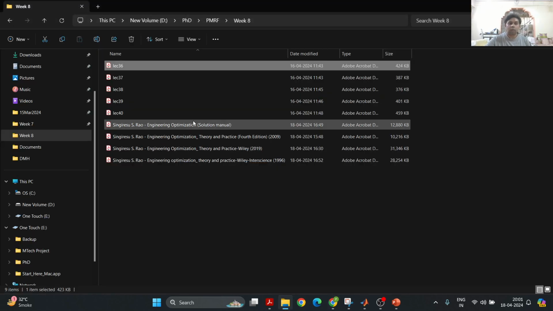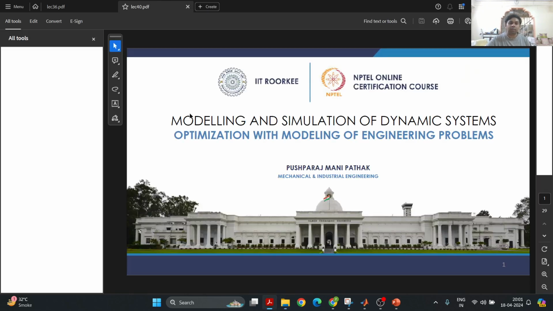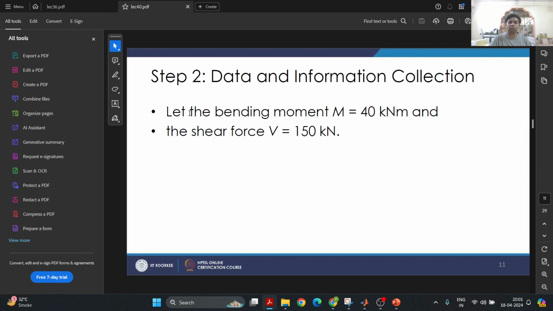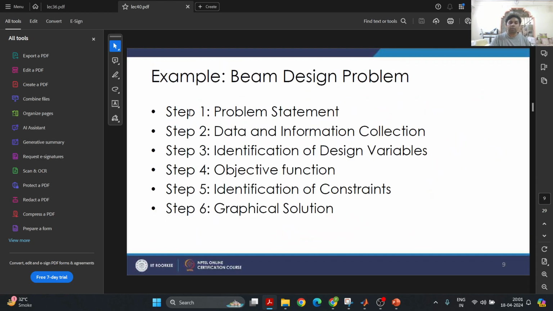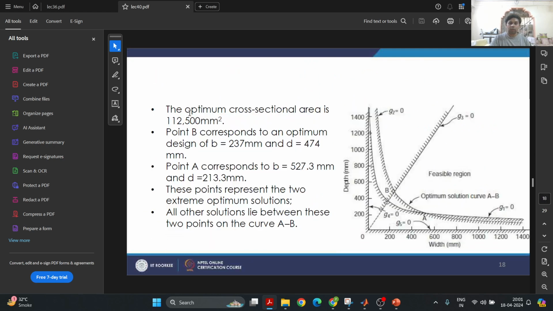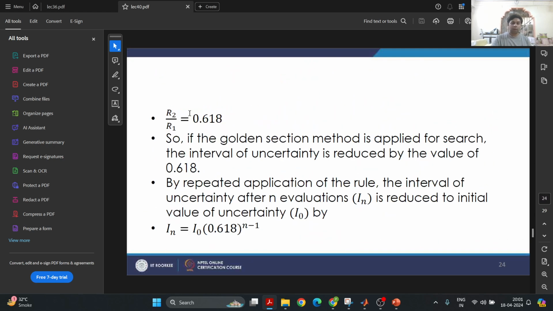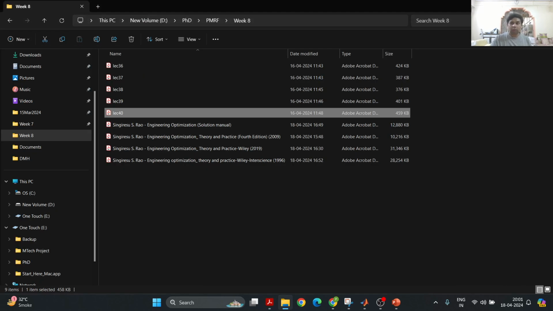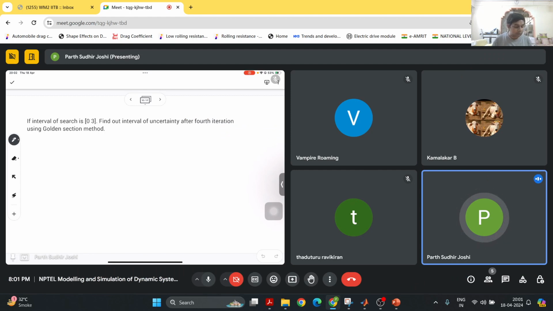Not able to recollect exactly. Yeah, so there was a formula that was given in the slides, where we can just apply that formula here. So the interval of uncertainty in the nth iteration is basically the initial interval times the factor 0.618 raised to n minus 1.